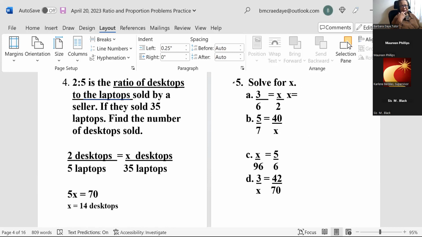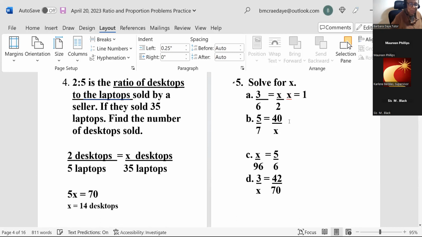What's 6 divided by 6, Maureen? 1. Come on, you didn't get the answer already. Is that what you got, Mercedes? Yes, X equals 1. You see your error, Maureen? 3 times 2 is 6, 6 times X is 6X, and 6 divided by 6 is 1.